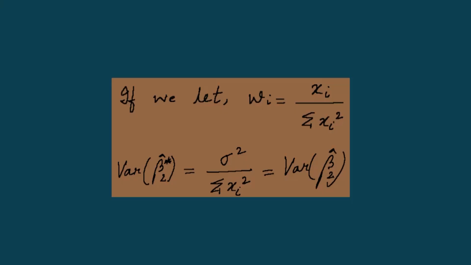Due to the assumption of zero autocorrelation, the cross term does not exist. So we boil down to the final step: the variance of beta 2 hat comes up as sigma square, which is a constant in the numerator, by summation of xi square. So sigma square divided by summation of xi square comes up as the variance of beta 2 hat.